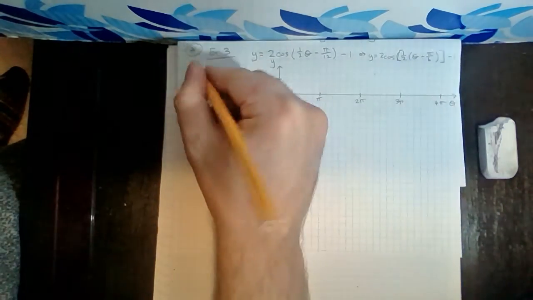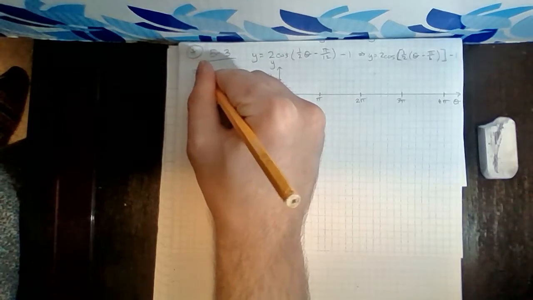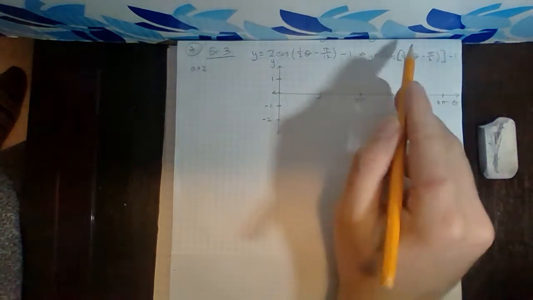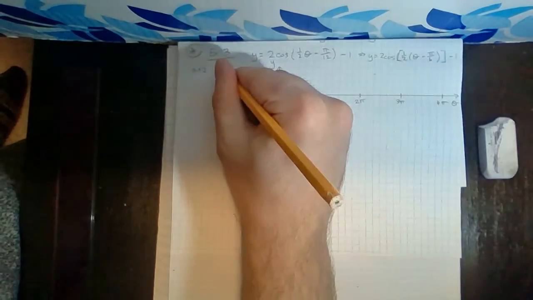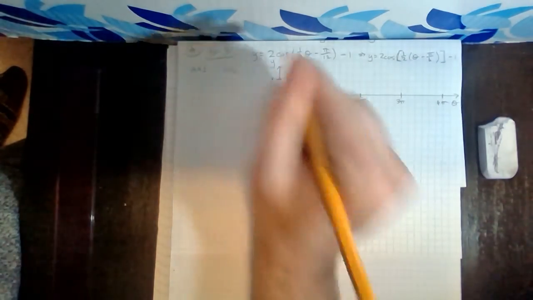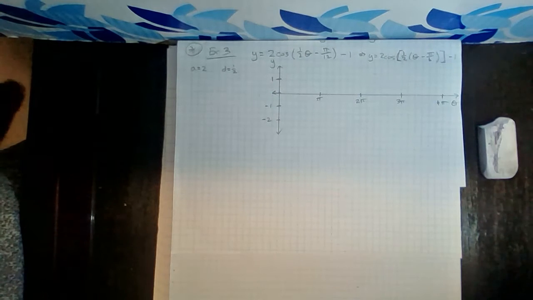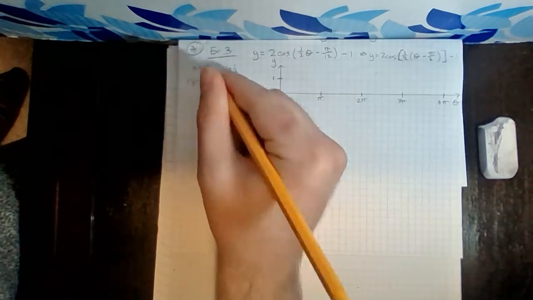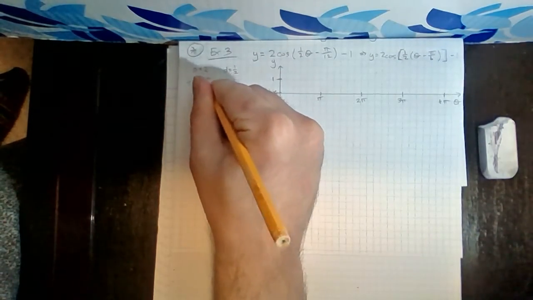We have a 2. Our a is 2. So we have a vertical stretch by a factor of 2. D is a half. We have a horizontal stretch also by a factor of 2. We have a phase shift right by pi over 6.